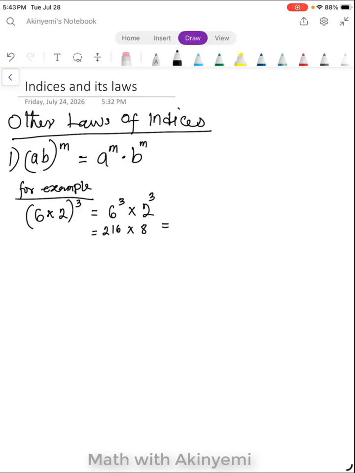Then we can do 216 times 8. It gives us 1728. And here, if we do 12 raised to power 3, it also gives us 1728. Can you see? That is similar.